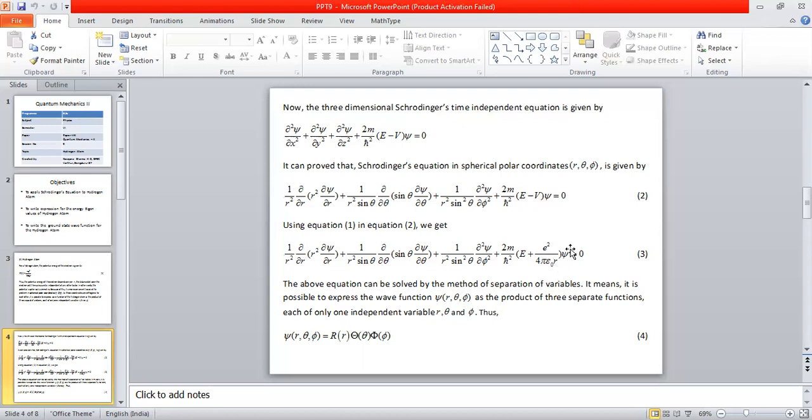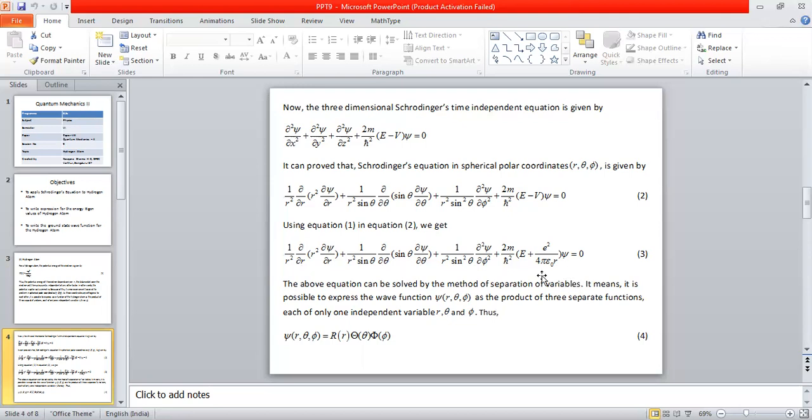So this term becomes 2m by h cross square times E plus e squared divided by 4 pi epsilon r into psi is equal to 0. This equation 3 represents Schrödinger's equation applied to the hydrogen atom in terms of spherical polar coordinates r, theta, and phi. Now, we need to solve this particular equation.